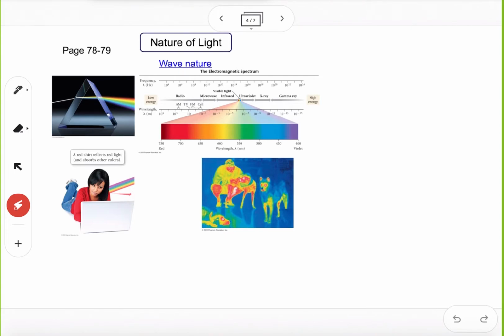And of course, if you are wearing a blue shirt, then that means the dye compound in that blue shirt absorbs all the other colors, only reflects blue light. Okay, that's the reason. The last picture here is infrared light. Infrared light has a lower frequency than visible light. Okay, and our eyes cannot see infrared light, but by using special instruments, you can use infrared light to detect the temperature of an object. In this picture, you can see that the higher the temperature, the brighter the color is.